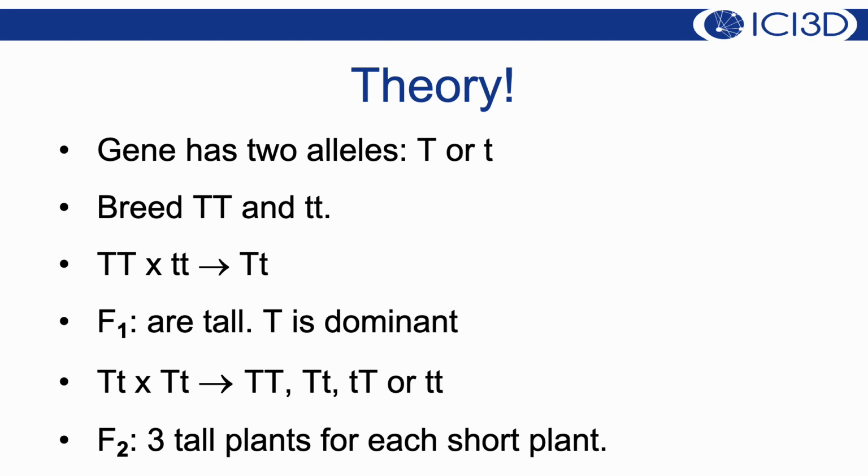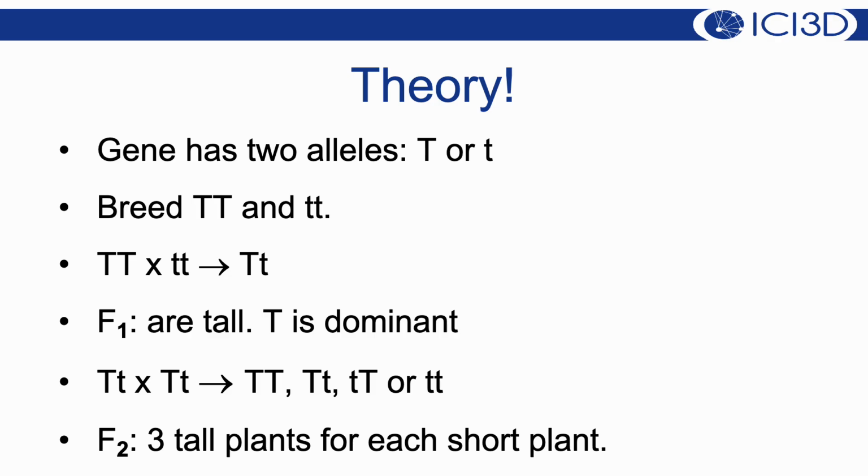But now look what happens when you take these F1 plants, which are all big T, little t, and you cross them. Now you can get a big T from one plant and a big T from the other, or a small t from one plant and a small t from the other, or you can get a big T from one and a small t from the other, and vice versa.